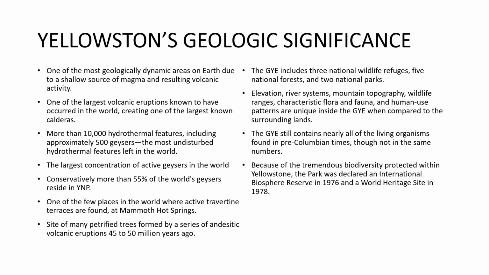Yellowstone's geographic significance includes being one of the most geographically dynamic areas on Earth due to a shallow source of magma and resulting volcanic activities, and more than 10,000 hydrothermal features, including approximately 500 geysers, the largest concentration of geysers in the world. Conservatively, more than 55% of the world's geysers reside in Yellowstone.